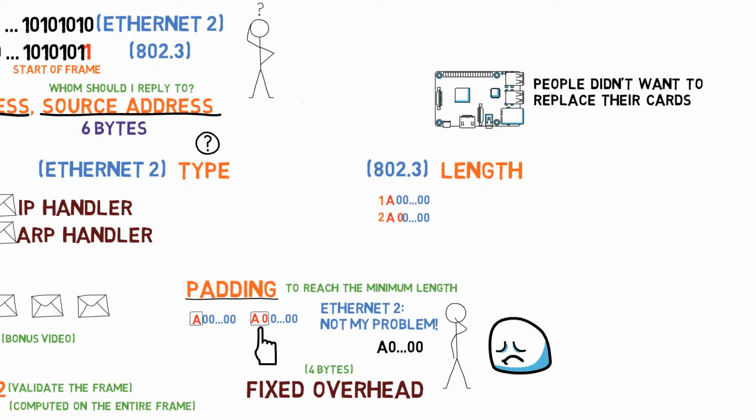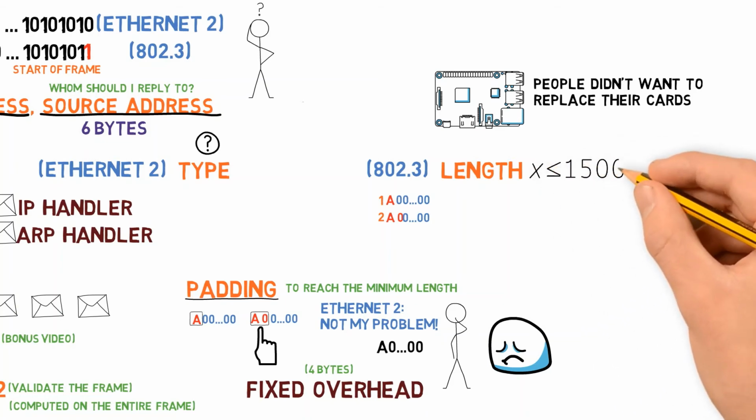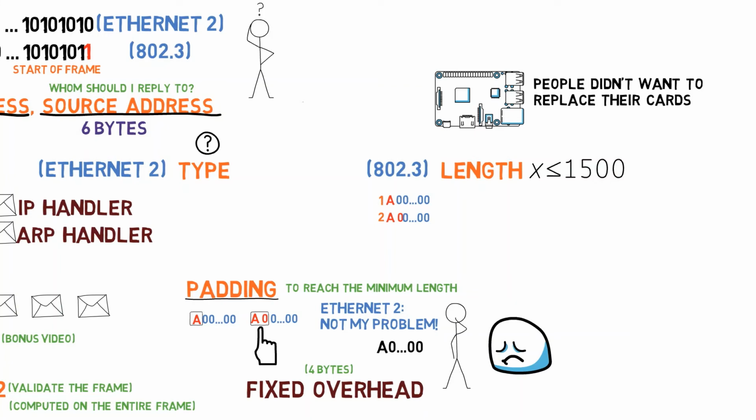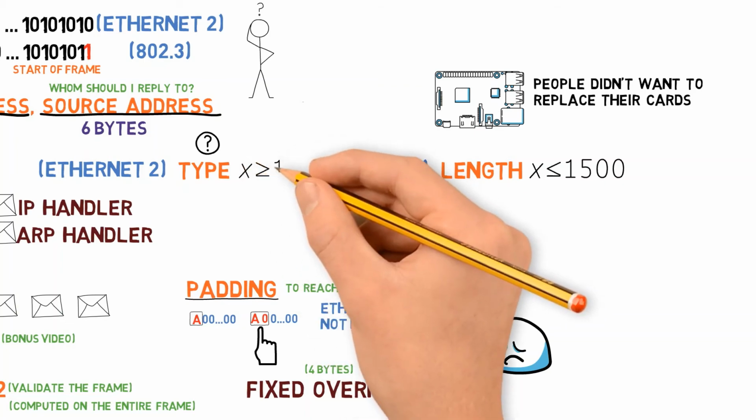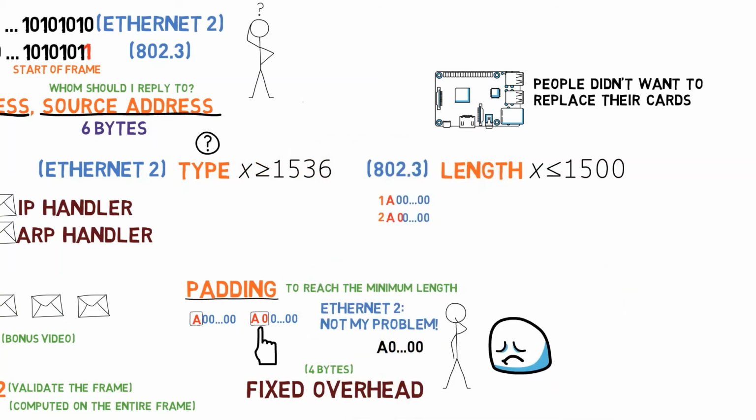Fortunately, all the type values used at the time had greater values than 1500. The solution is thus straightforward. In case this field has a value less than or equal to 1500, it actually means length, and in case it has a value greater than or equal to 1536, it means type. The values in between currently have no defined meaning.